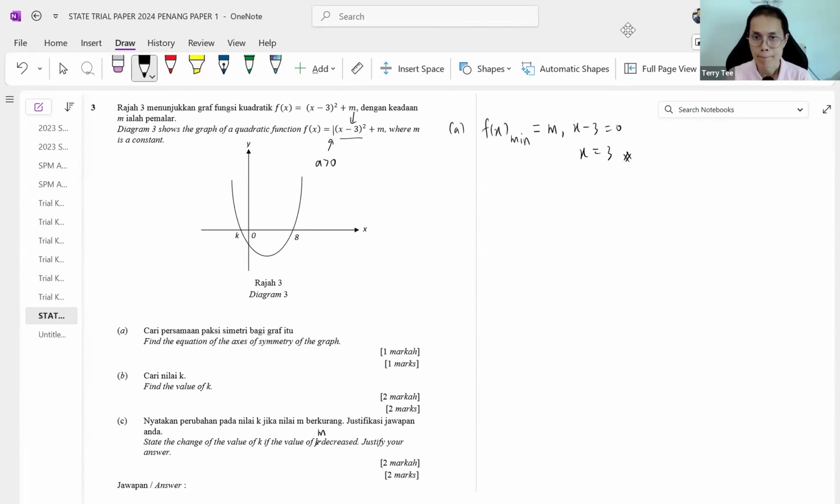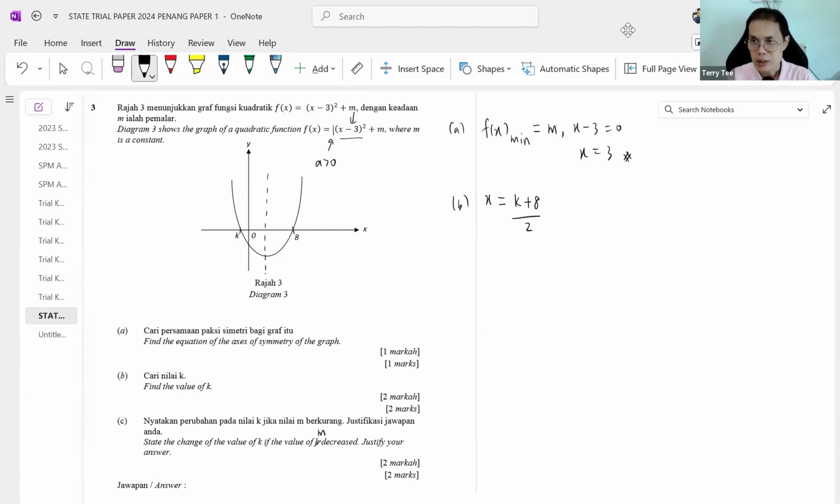So x equals 3 is the equation of the axis of symmetry. Only 1 mark. Now, next, find the value of k. Notice that k is a root of your function, the x-intercept. So we can find the equation of the axis of symmetry from the graph in terms of k, by taking the midpoint of your roots, k plus 8 divided by 2.